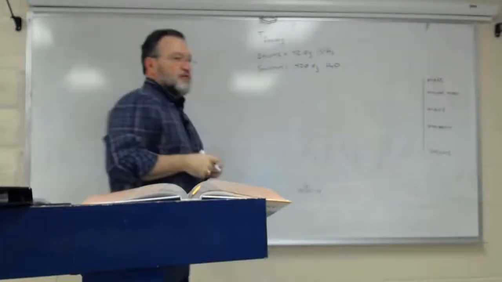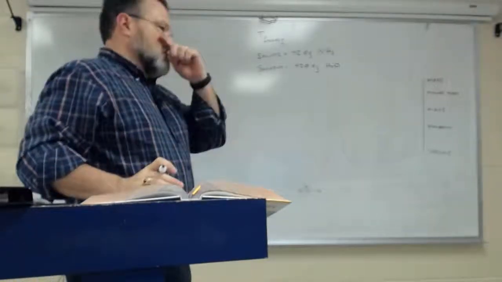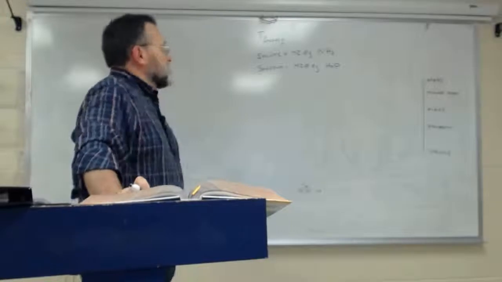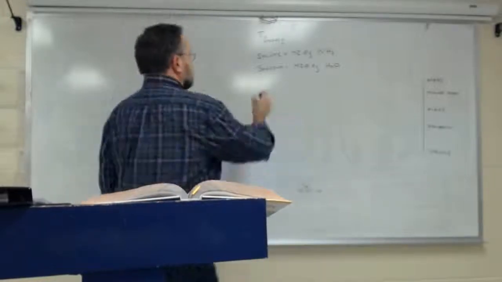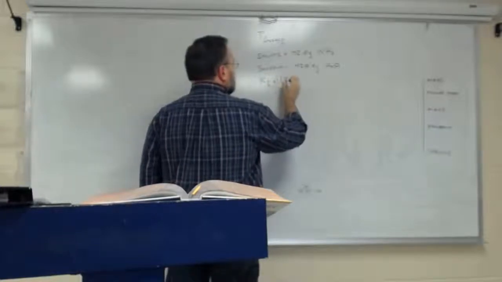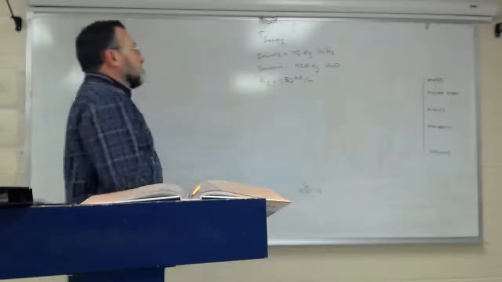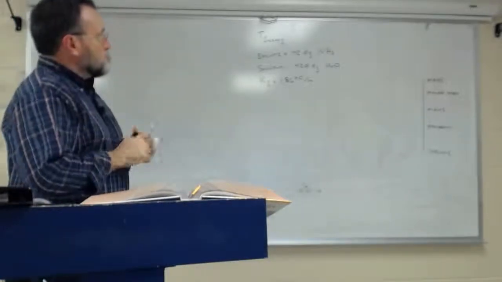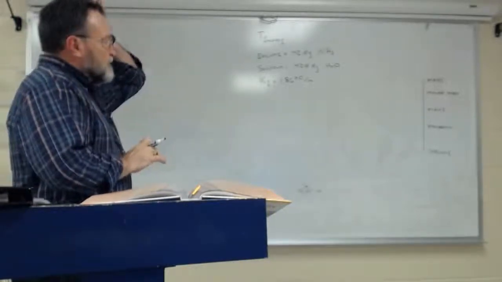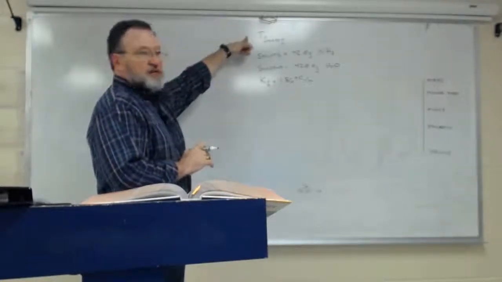Notice on the problem they give you the K sub F there of 1.86 degrees Celsius per molality. That's the K sub F of water. You could just go ahead and write it down there. So what's the new freezing point of this water that has this much solute in it?